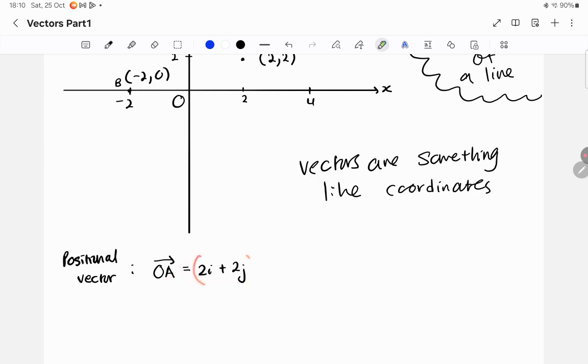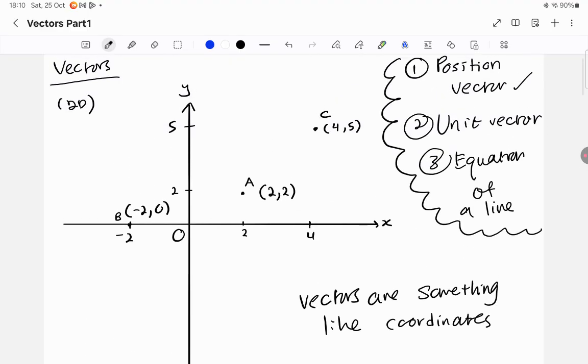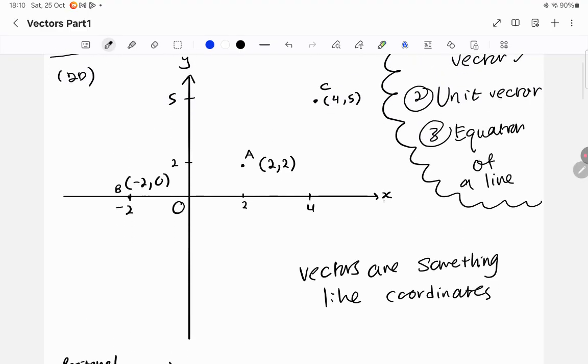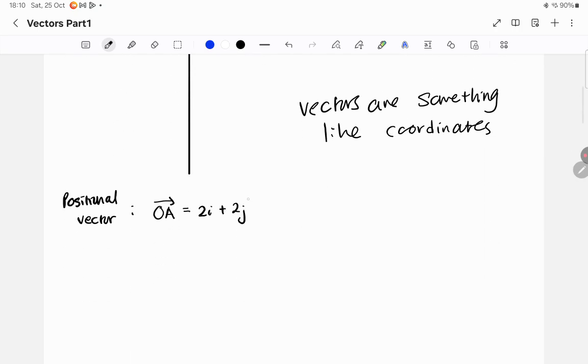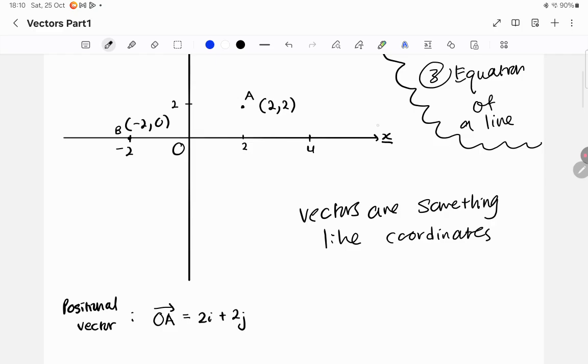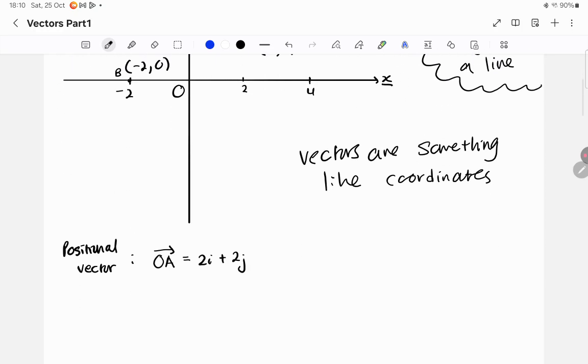The next two things over here are the most important things. In this Cartesian plane, we have x and y. I've written 2i plus 2j. So i is a unit which we use to represent the x-axis, and j is used to represent the y-axis.